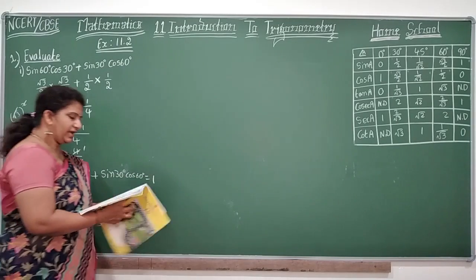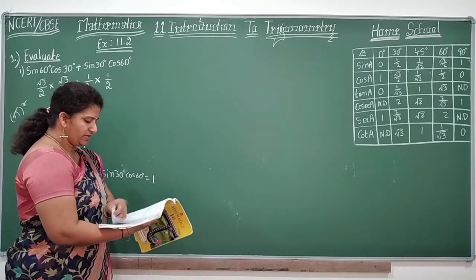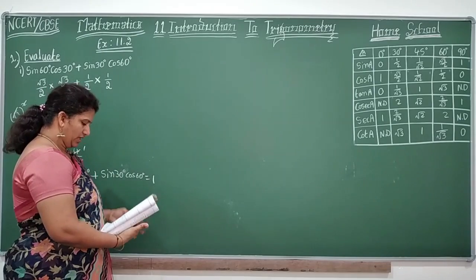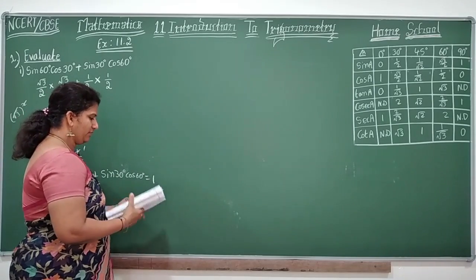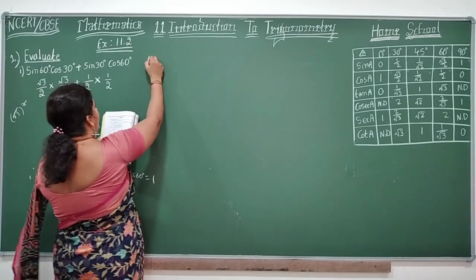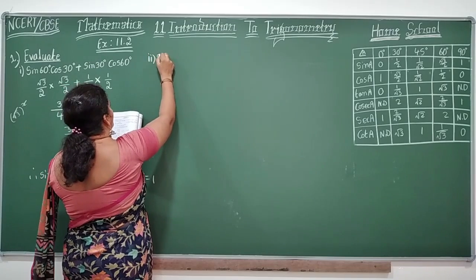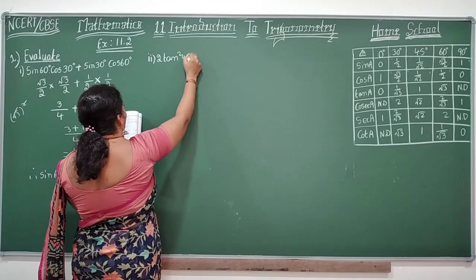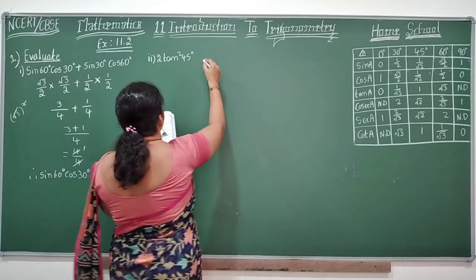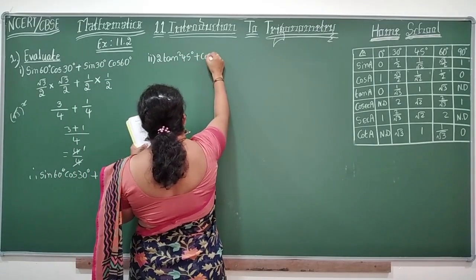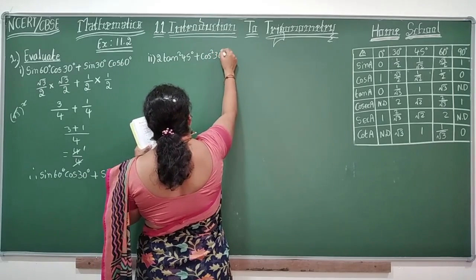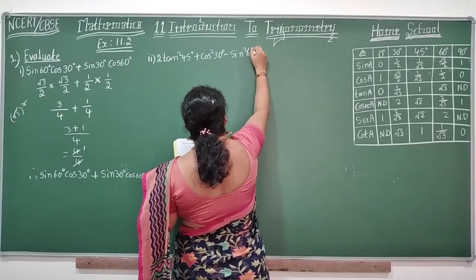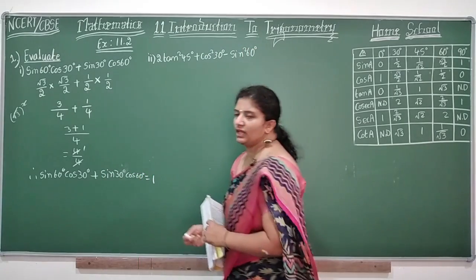Let's see the second problem here, children. Yes, here it is. Second problem: 2 tan square 45 degree plus cos square 30 degree minus sine square 60 degree.